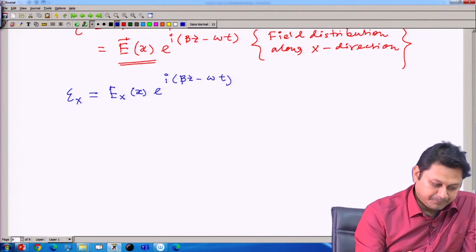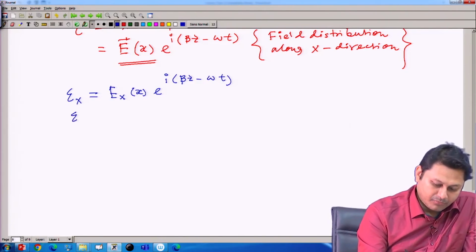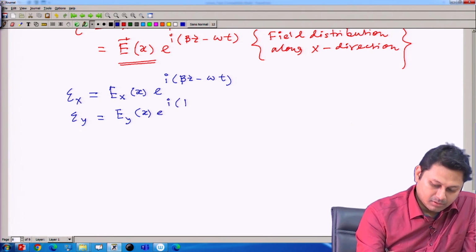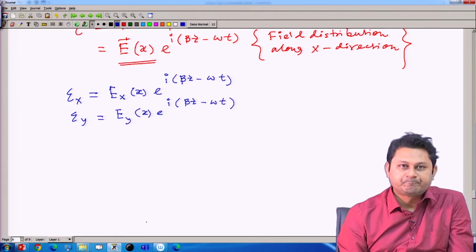In a similar way, E y is E of y of x, e to the power of i beta z minus omega t.